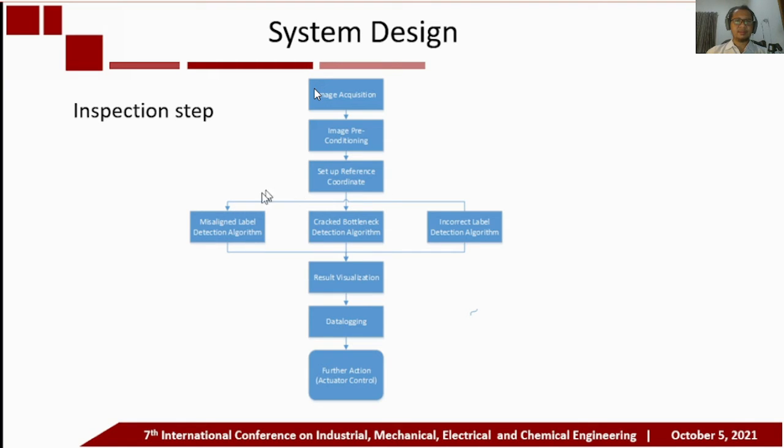And then we have some algorithms like misaligned label, cracked bottleneck, and also incorrect label detection. And then we have the result visualization, and then we can store or log it in the computer or PC, and then we can take some further action, for example, to control the actuator.